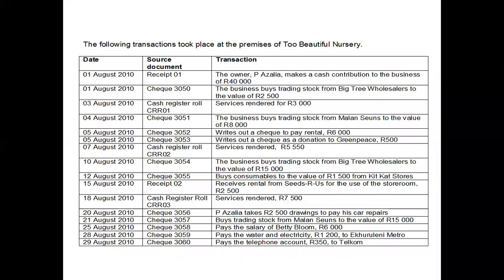Right, second last one pays the water and electricity, 1,200 Rand to Ekurhuleni Metro. So it's about water and electricity, 1,200 Rand. Water and electricity is an expense, therefore it must be on the debit side.